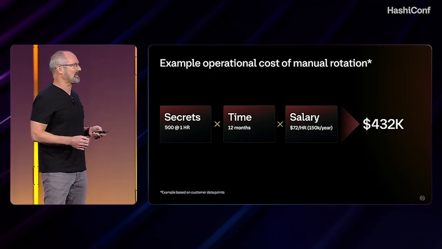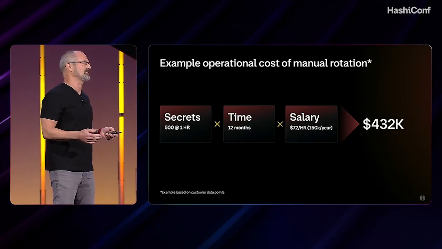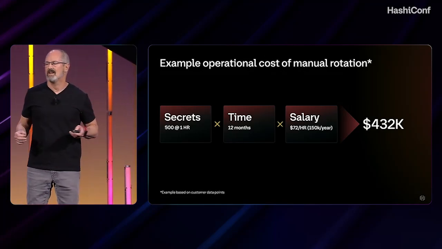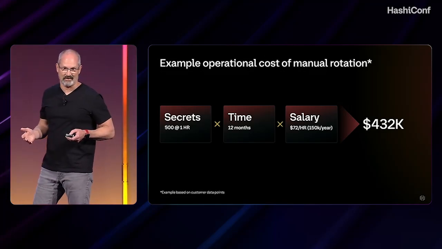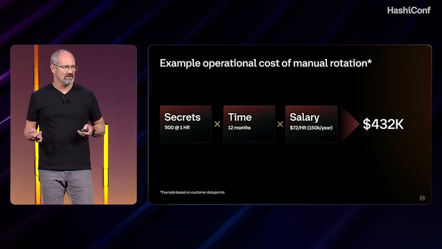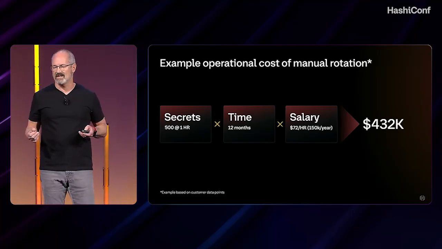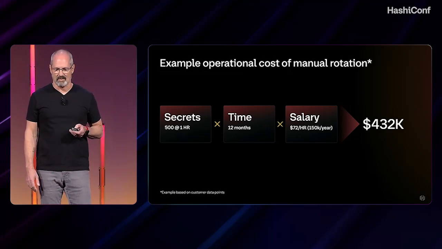And most organizations have thousands of secrets, tens of thousands of secrets, hundreds of thousands of secrets. So you can do the math, and that gets really scary too, because that's expensive, and just doing it through a manual process is really prohibitive, and so that's why in a lot of cases, people just don't do that.